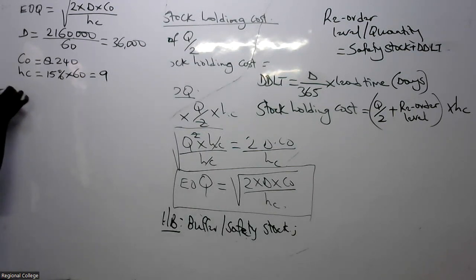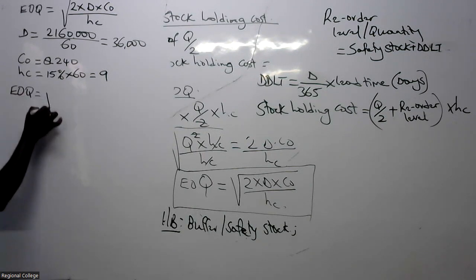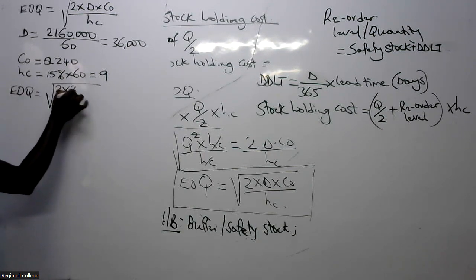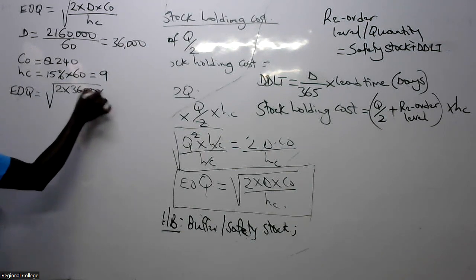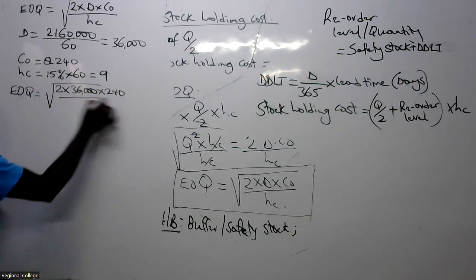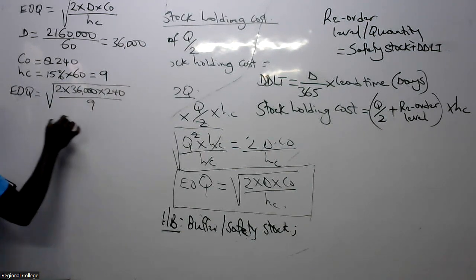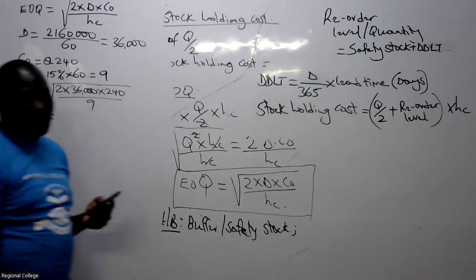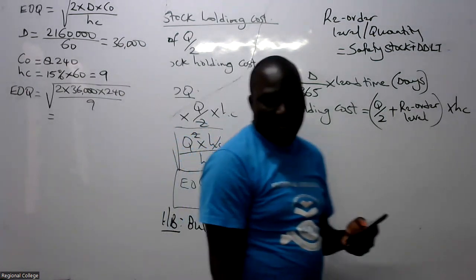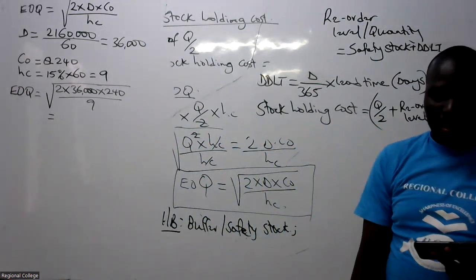So EOQ becomes the square root of 2 times 36,000 times 240 divided by 9. How many units?